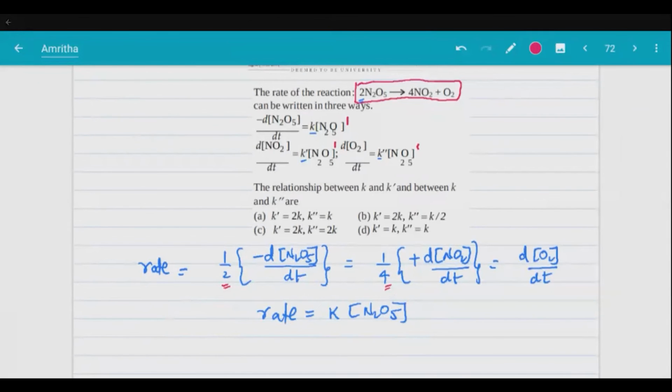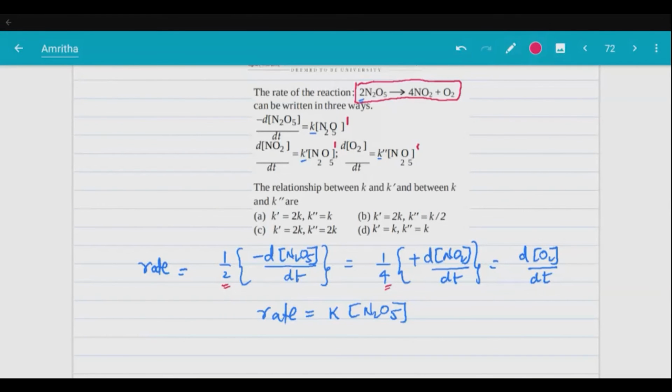Can you quickly check? Okay, right. So what is the answer here?